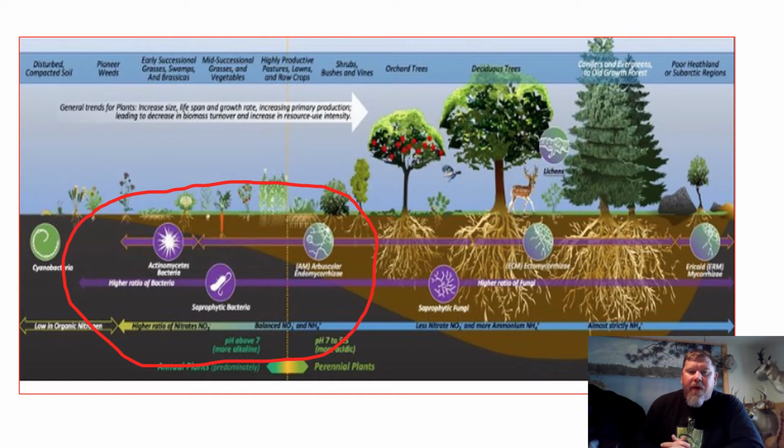And that is because of two major reasons. Mother Nature would be number one, with weather events, with droughts, with high volumes of rain, wildfires, stuff like that that can disrupt this succession from the one side to the other.